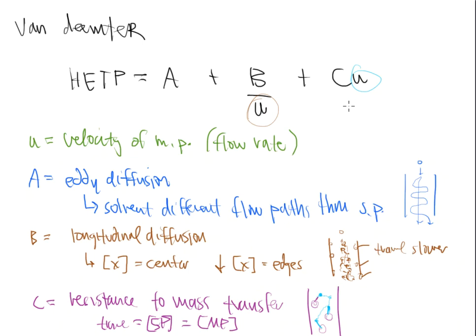And then C is resistance to mass transfer, which basically is the concept that the solute or the analyte attaches to the stationary phase, stays there for a while, then goes into the mobile phase and travels at a different speed before it attaches to the next stationary phase particle, and then eventually it makes its way out.